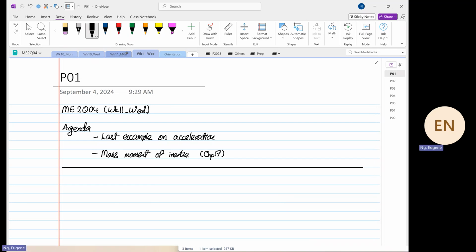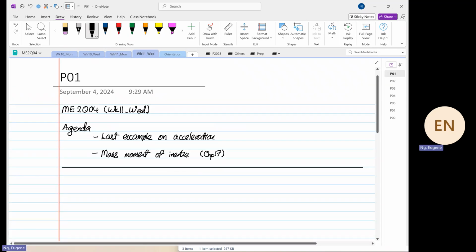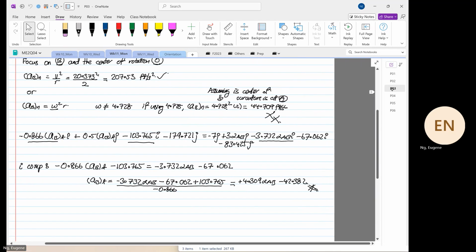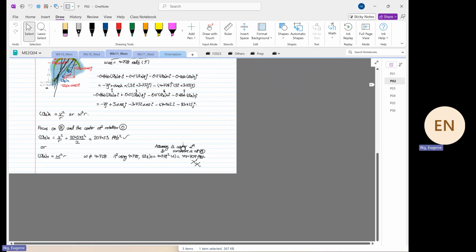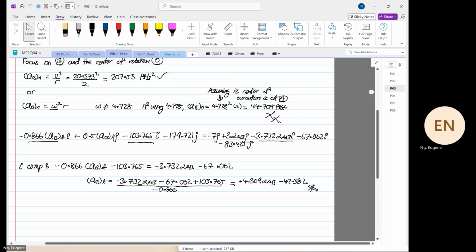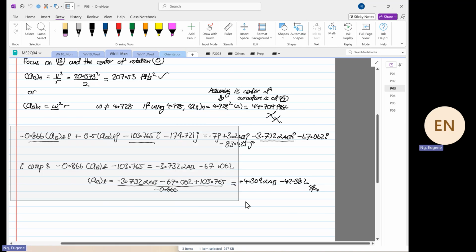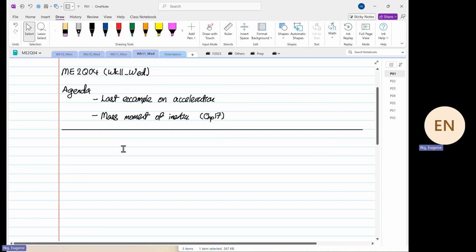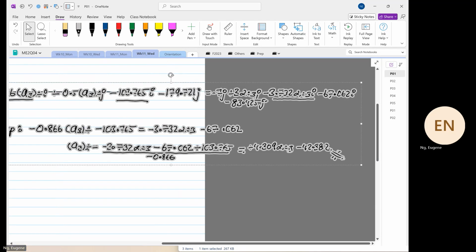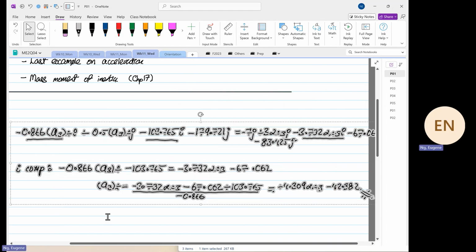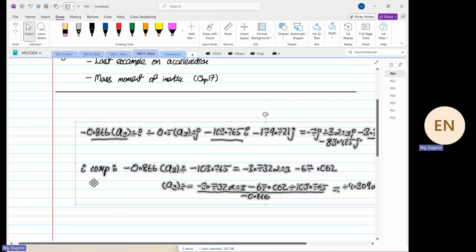Okay. So just to recap very quickly where we were before in our last example, we were dealing with this problem over here. And then we are breaking them into components. Okay, so we have this expression over here where we stopped last time. I'm going to continue over here.